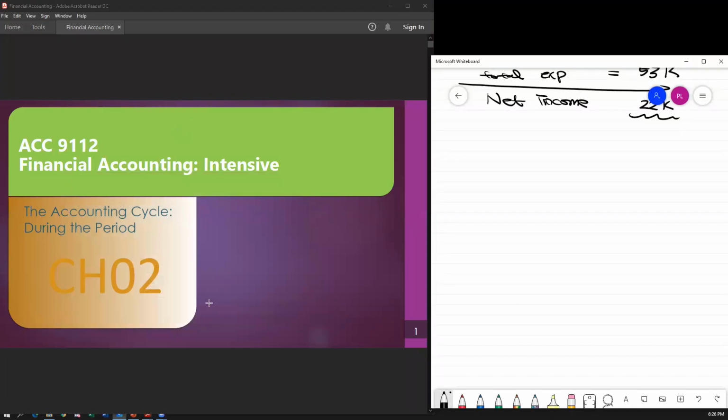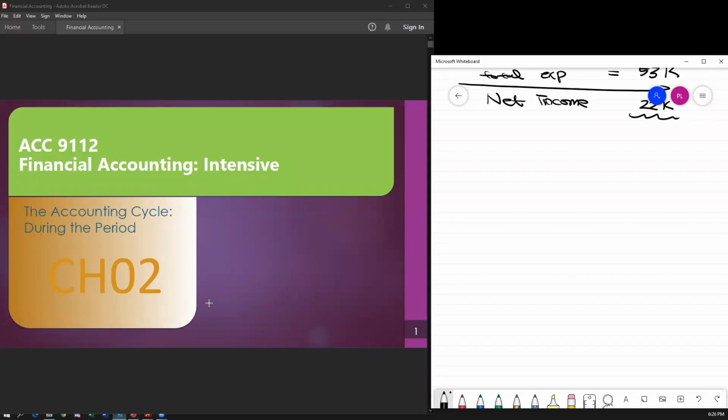So let's start with chapter 2. For this chapter, we're going to be focusing on journal entries. What I mean by journal entries is that for each particular transaction, there are ways that the accounting professionals record on their company's books.